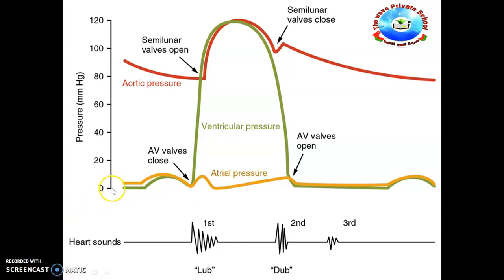So here in the first stage, from here to here is the first stage you can see for the atria. This is the active phase. Then the ventricles will be in relaxation. So when the atria are active, the bicuspid valve closes. That is nothing but AV valves will be closed when the atria is active.